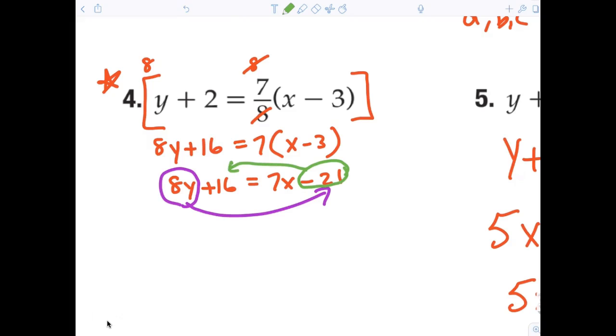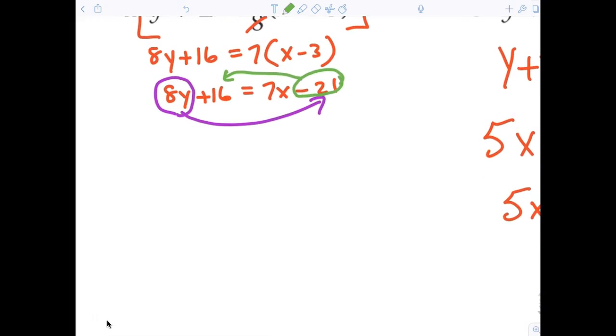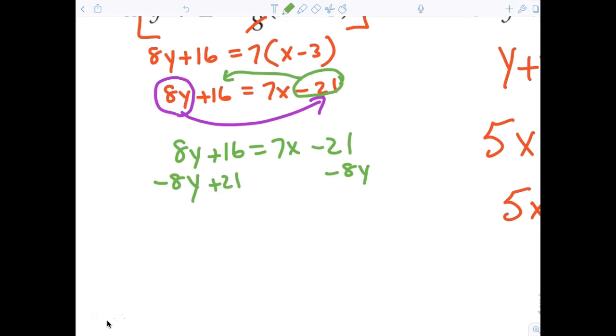Right? So now I'm just going to rewrite it again so you can see the whole work. It's 8y plus 16 equals 7x minus 21. I'm going to subtract 8y, and I'm going to add 21. Do you see that? Now, what happens to the negative 21 and the plus 21?